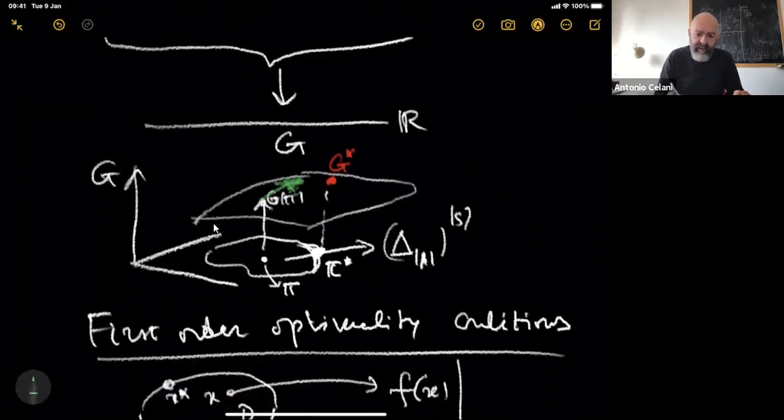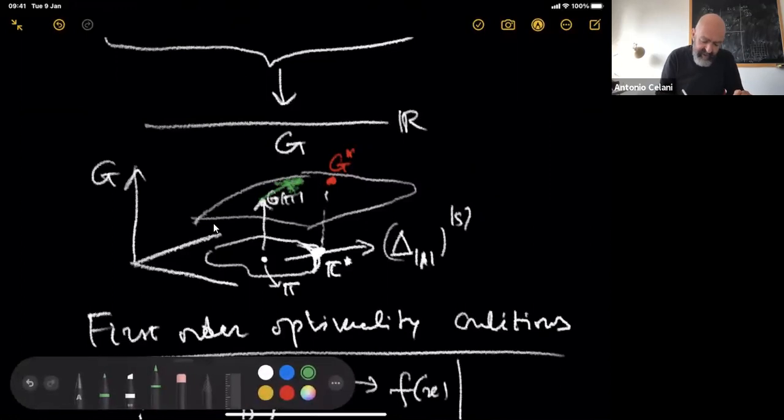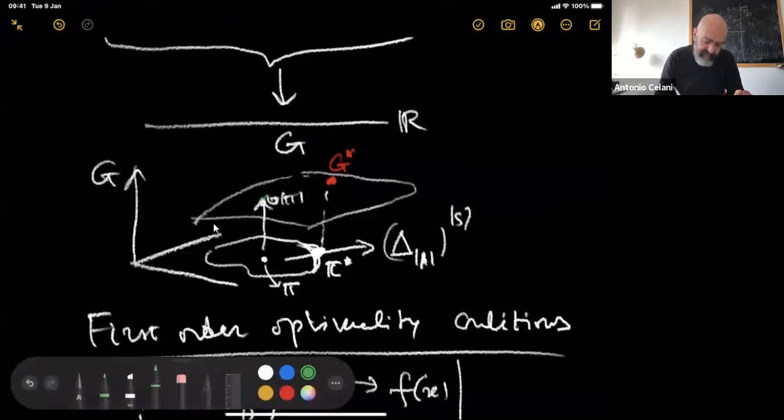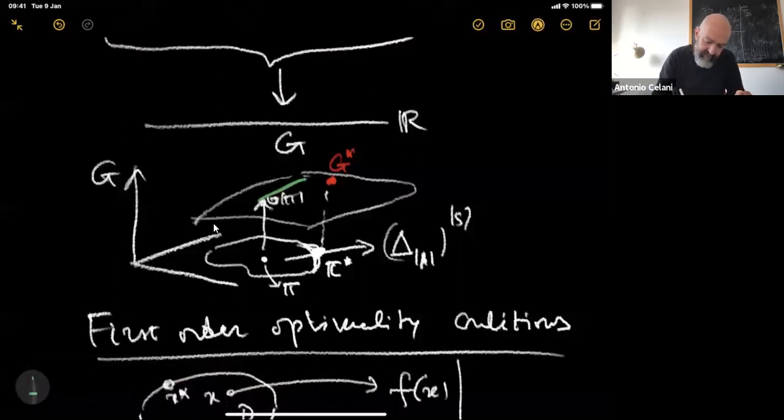Can you see? Sorry, it's a bit blurred. Let me draw that again. This one's sharper. At any point where there is a policy pi, there is a G value and there is a gradient in this space.